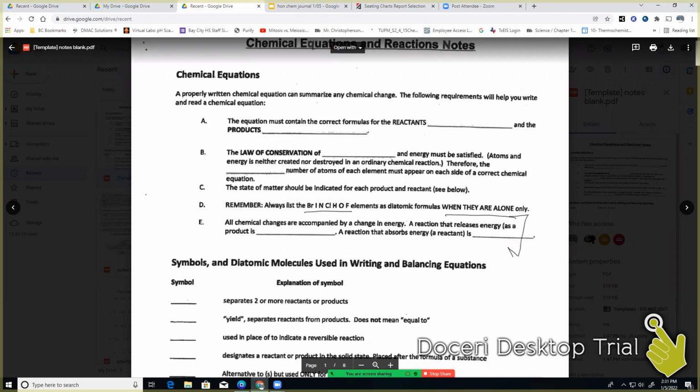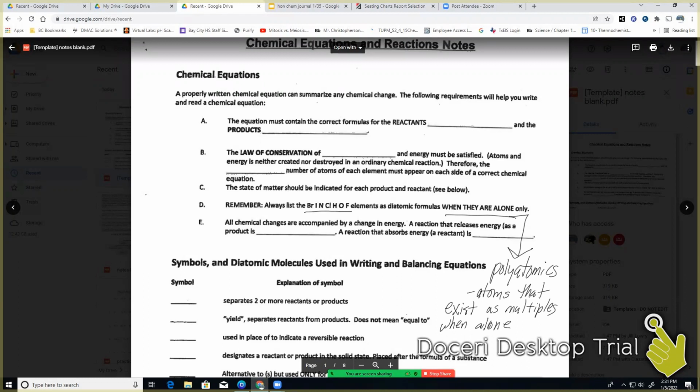Also, besides diatomics, there are also some polyatomics. So that's not polyatomic ions, polyatomics, and these are atoms that exist as multiples when alone.